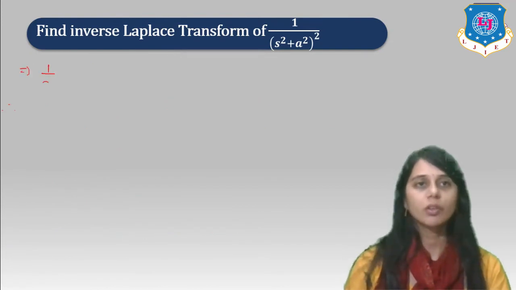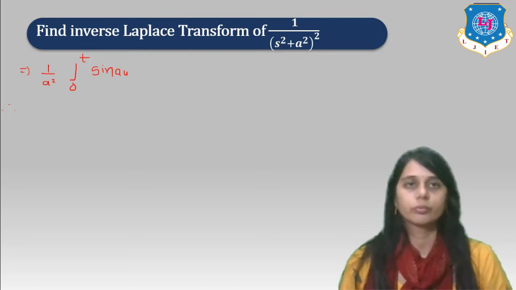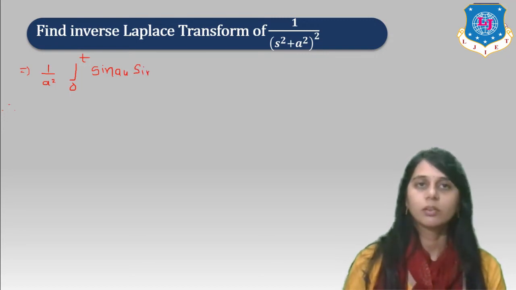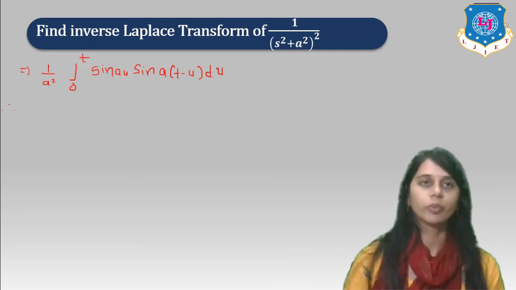Taking 1 upon a square common, we get the integration from 0 to t of sin au sin a(t minus u) du.